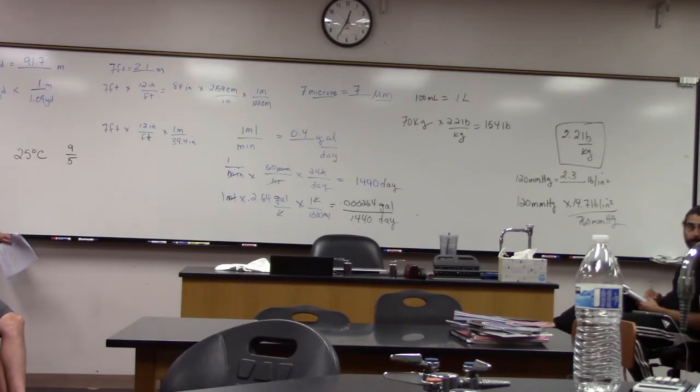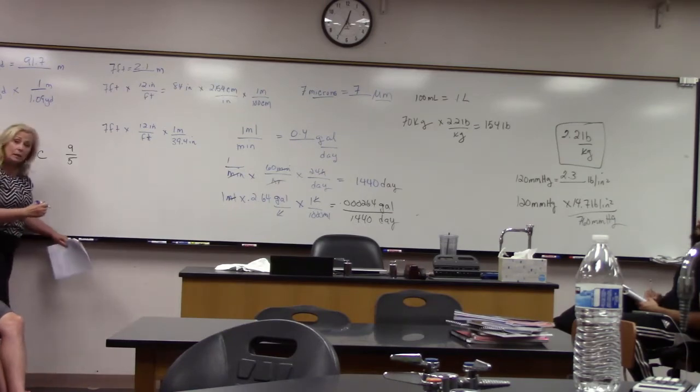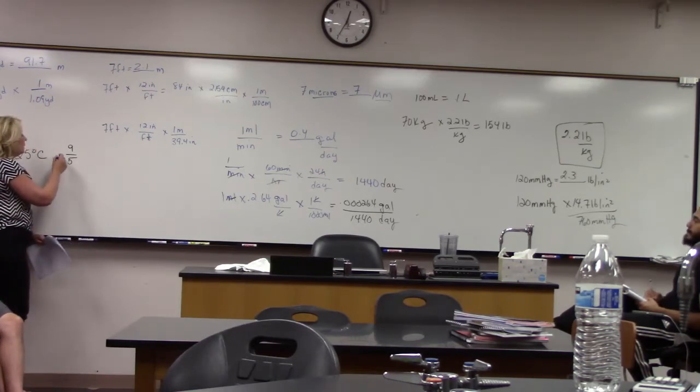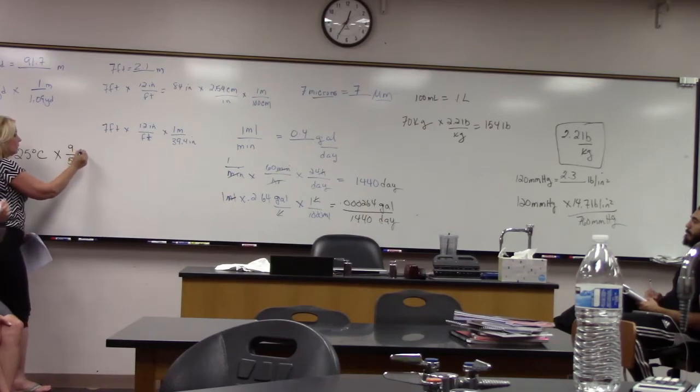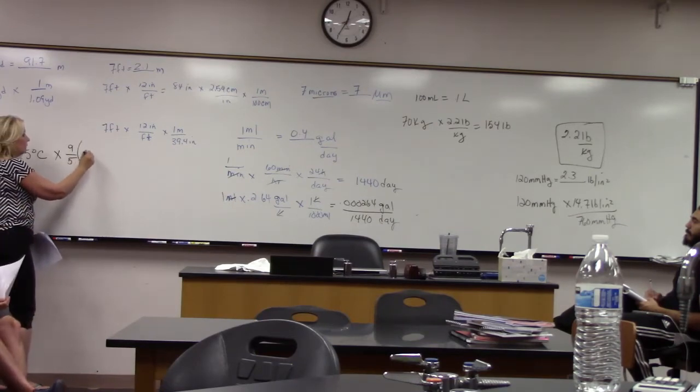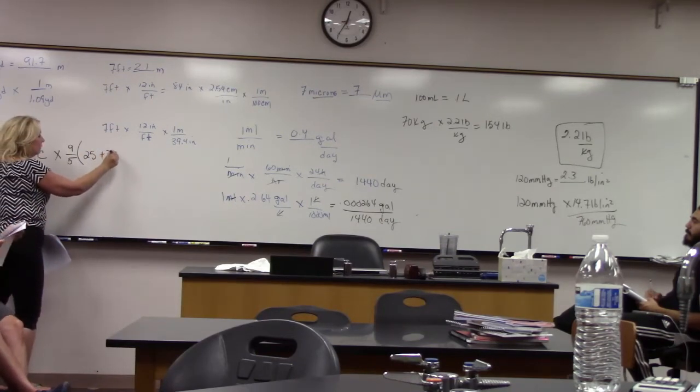You have to multiply 25 by 9 over 5, then plus 32.